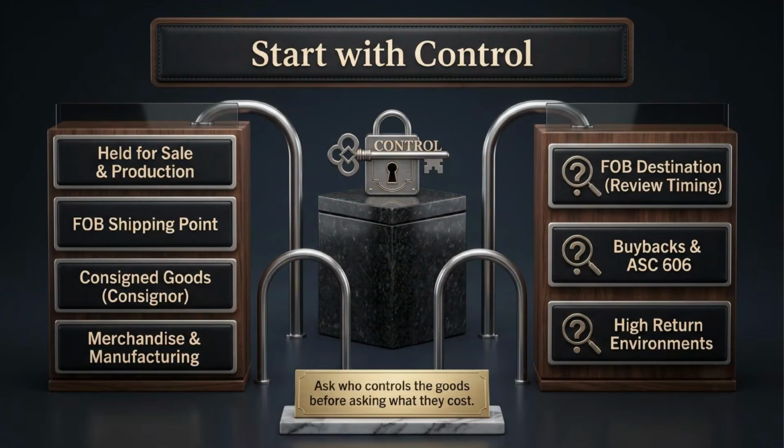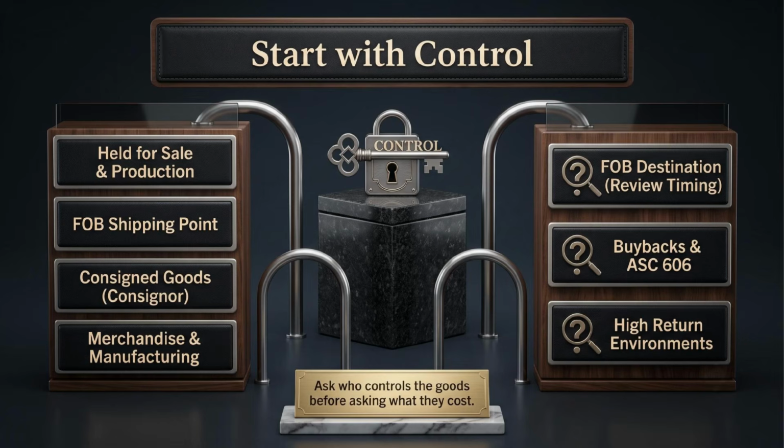Start with control. Inventory is not decided by physical location alone. Include goods held for sale, goods in production, and goods used in production when the entity controls them. Under FOB shipping point, the buyer generally records goods in transit once title passes at origin.